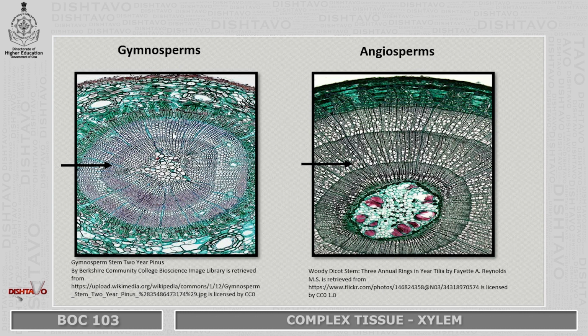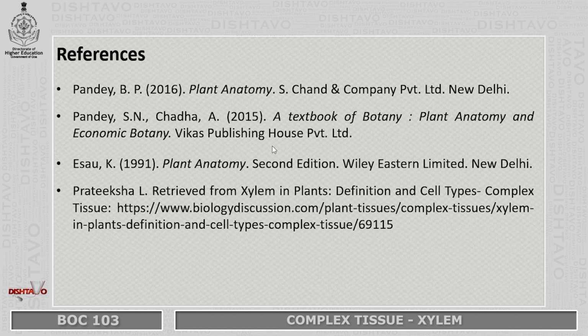We have already seen that tracheids are considered the primitive conducting tissue, mainly because they are present in gymnosperms, and angiosperms have the vessels, which are the characteristic feature, and during their secondary growth it is very much clear. This is the transverse section of secondary growth in gymnosperm, and this is the transverse section of secondary growth in angiosperm, showing the peculiar vessels.